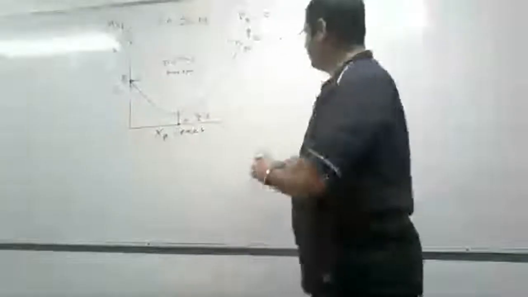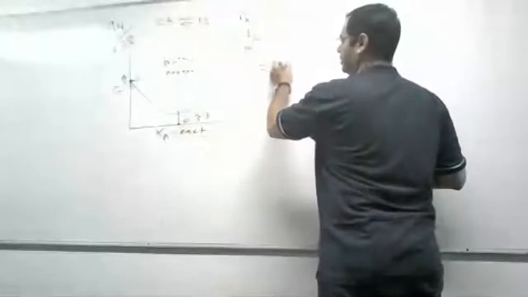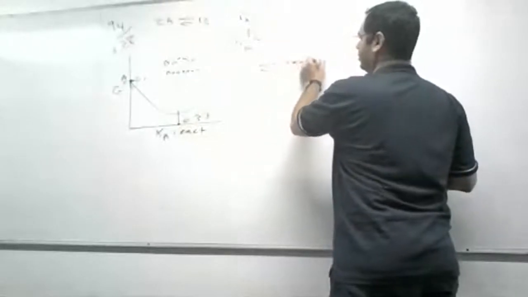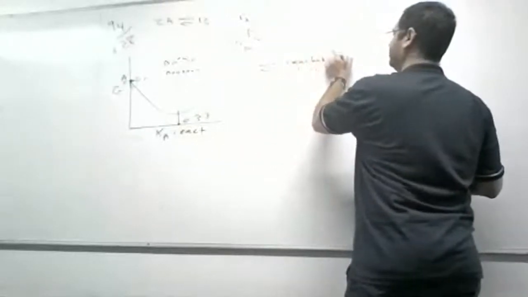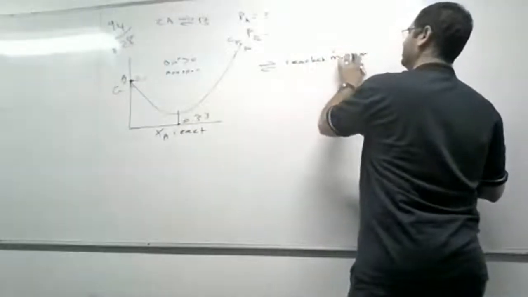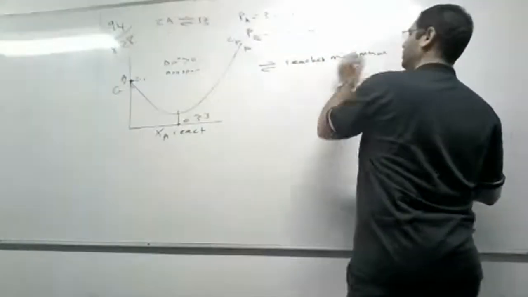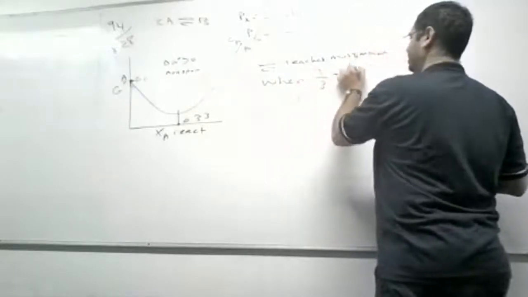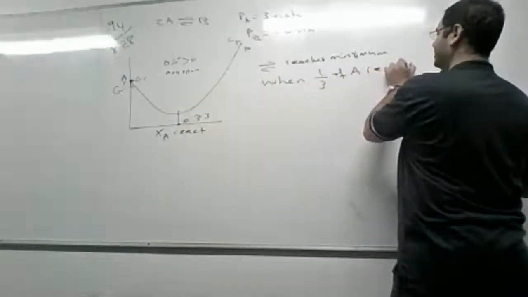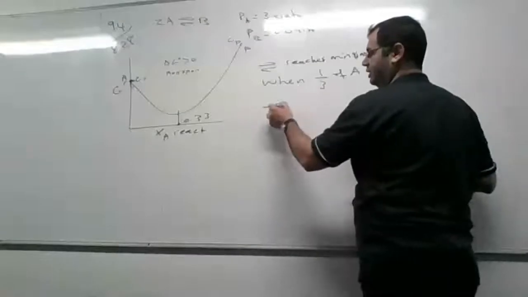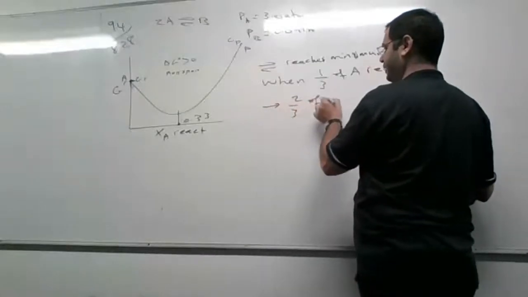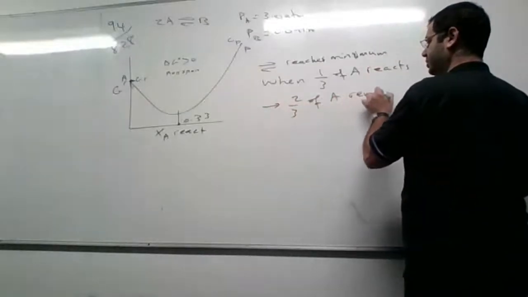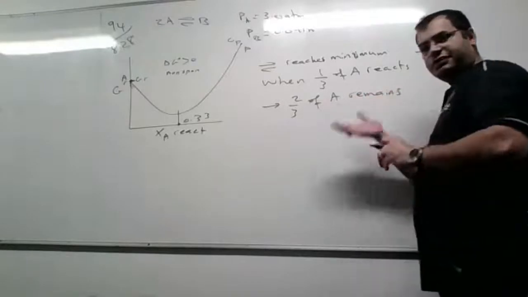As you can see, you reach minimum, then equilibrium reaches minimum when, يا شباب، when 1/3 of A reacts. صح؟ يعني 2/3 of A remains, which is more than half.